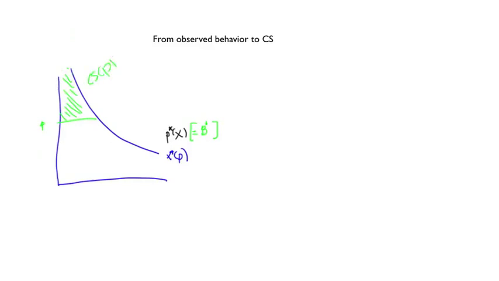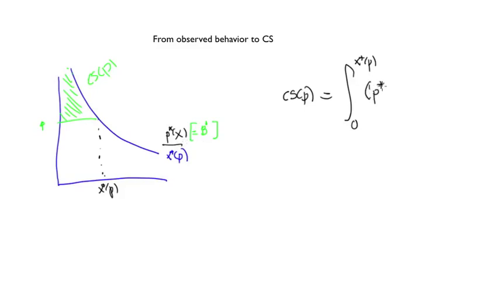Now the question is, how do we estimate that without knowing the marginal benefit function, because we don't know the experience utility function? Once you know this, the problem is straightforward, because the consumer surplus of P can be written as the integral from 0 to X star of P of the area between that curve and that curve. But what is that curve? It's the inverse demand function.